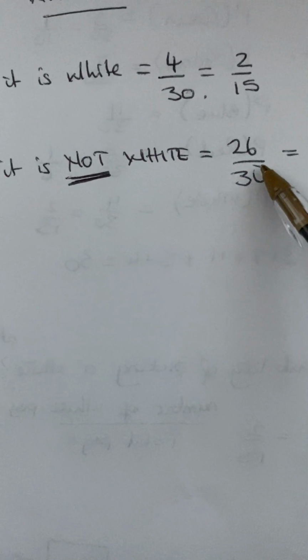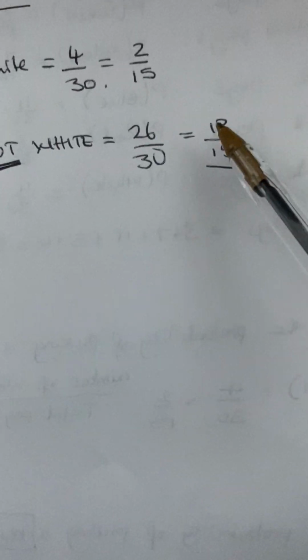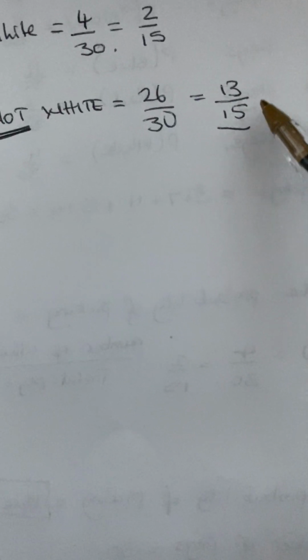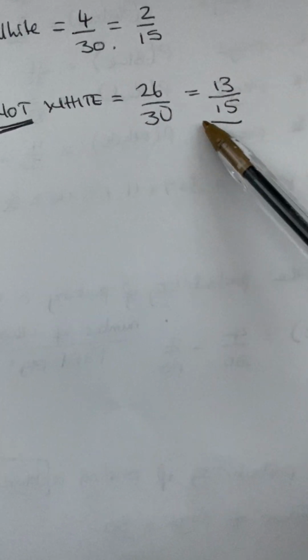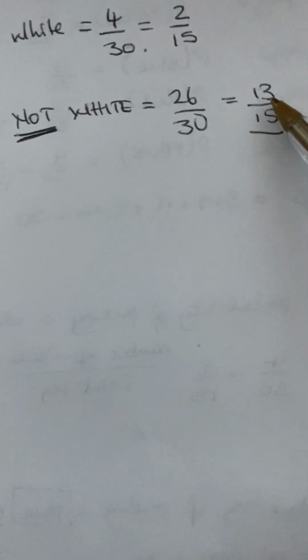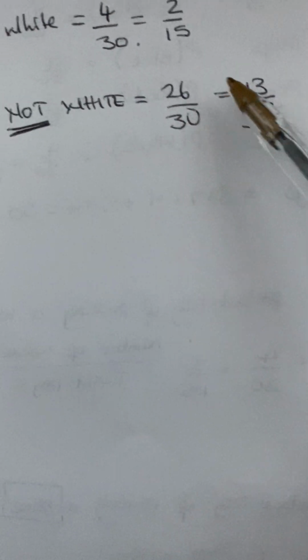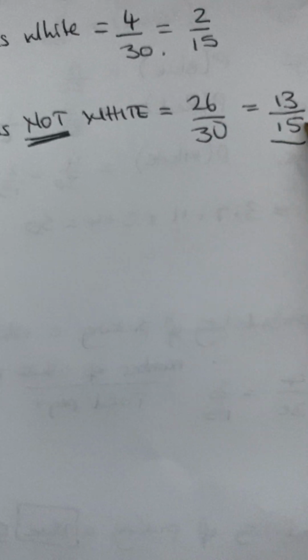So 26 divided by 30 will be 13 out of 15. So for it to not be a white and to be any other color, it's 13 out of 15, because you are looking for the probability of not picking a white.